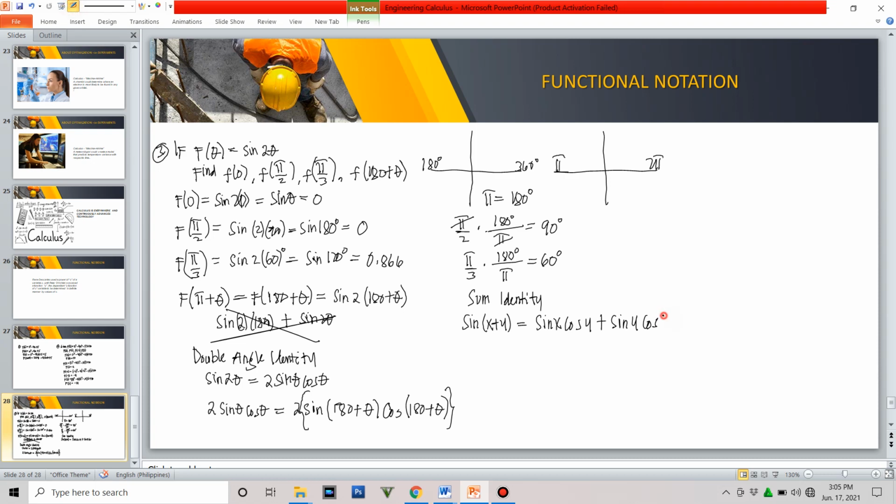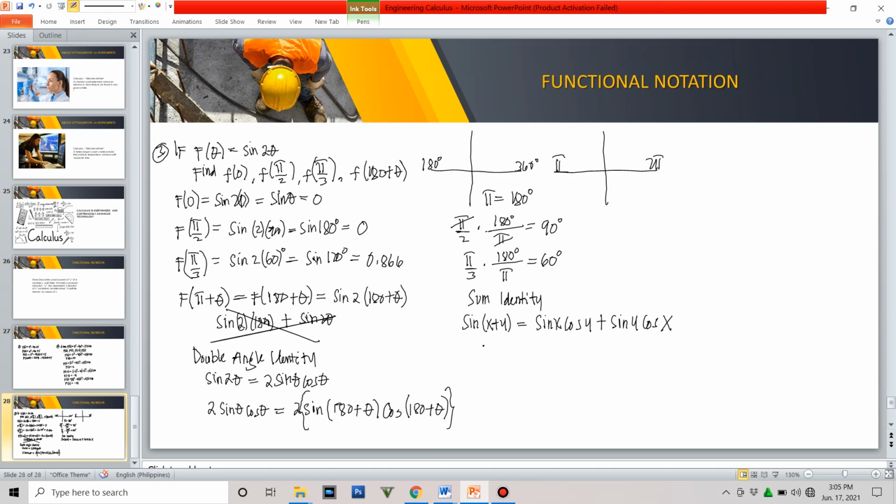And then from that, we can apply this one to this equation.